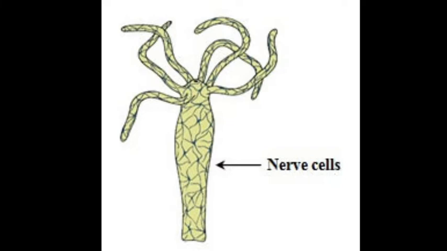So the nervous system of hydra consists of a network of nerves, and these nerve cells are joined to one another and spread throughout its body. The control and coordination in higher animals called vertebrates like us, including human beings, takes place through the nervous system as well as the hormone system, called the endocrine system. This means the control and coordination in animals takes place by the nervous system and the endocrine system.